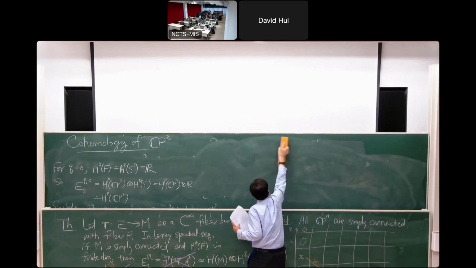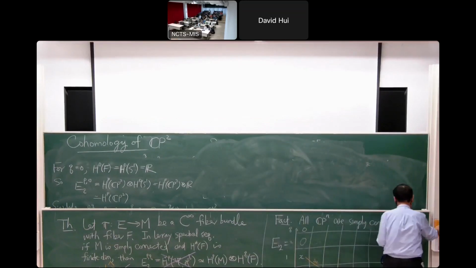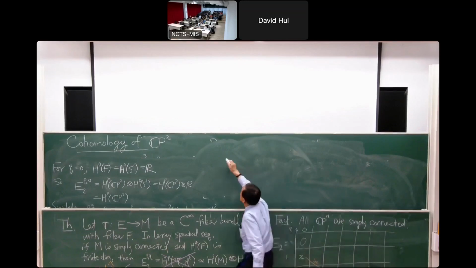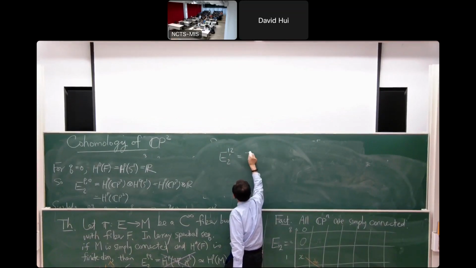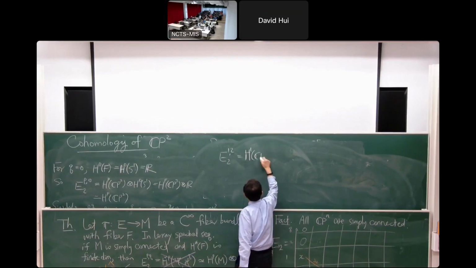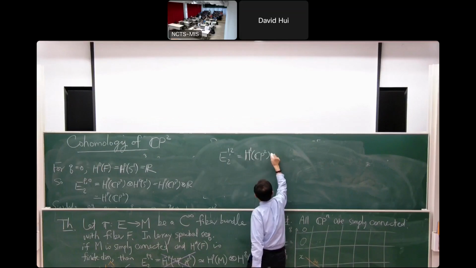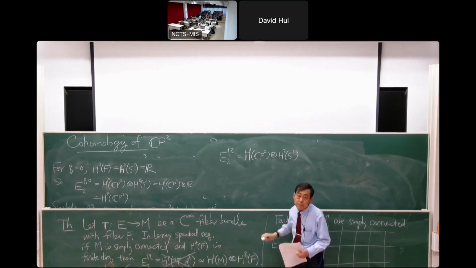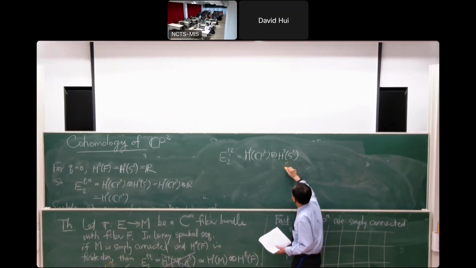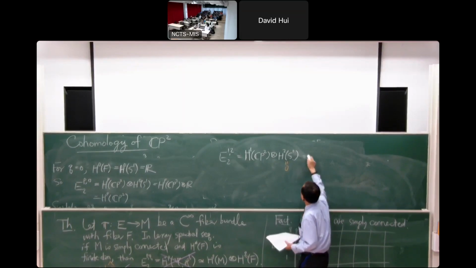So let's look at this box, E2 of 1, 2. Okay, that is H1 of CP2 tensor with H2 of S1. But H2 of S1 is 0. So this is going to be 0.